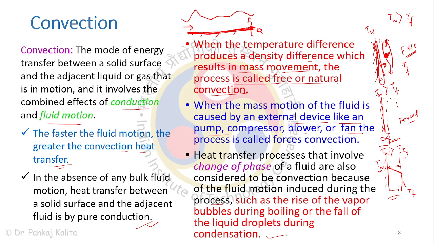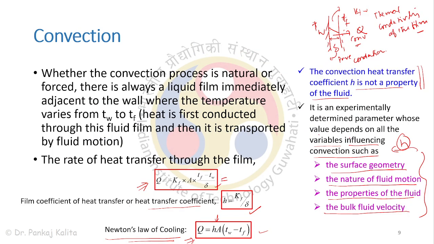So convection heat transfer occurs here. This is natural convection, due to the density difference resulting in a mass movement. And if this mass motion is influenced by some external factor like a pump or compressor, then it is forced convection. Now the equation for that is given here.